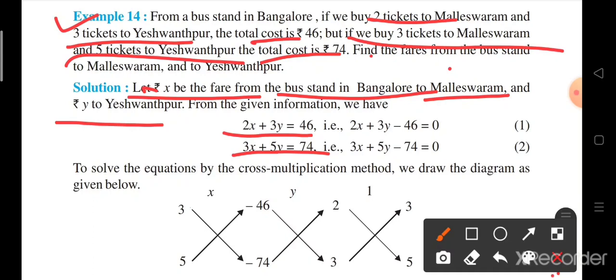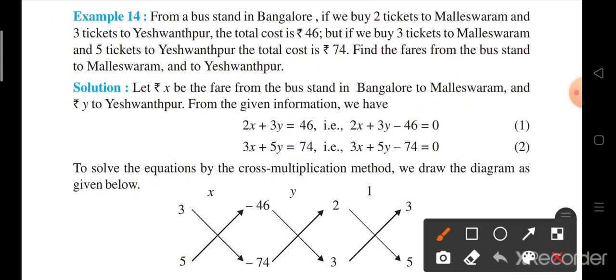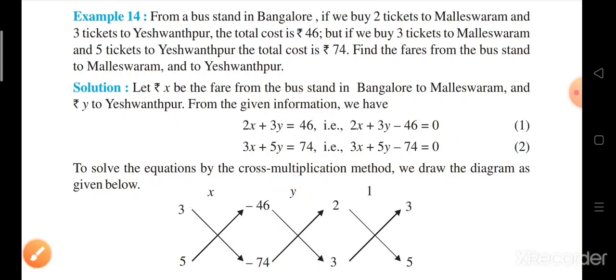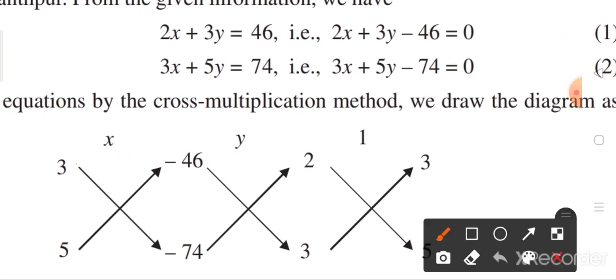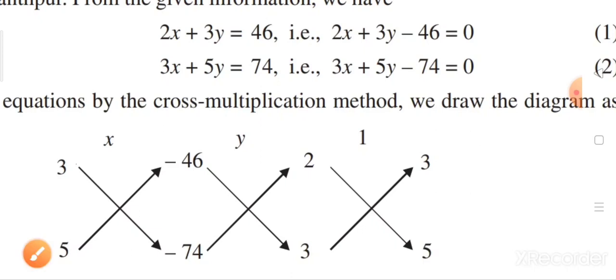To solve it with the cross multiplication method, we shift everything to the left hand side, and we get the equations 2x plus 3y minus 46 is equal to 0 and 3x plus 5y minus 74 is equal to 0. Now we draw this diagram so that we are able to solve it easily.